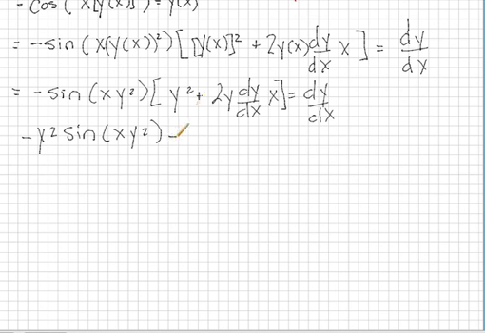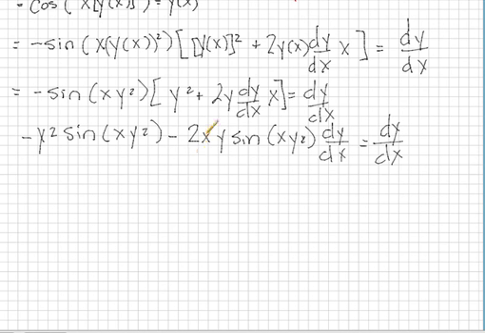The second term will be minus, it looks like we have a 2xy here, so let's go ahead and put that up front. Minus 2xy times sine of xy squared times dy dx, and the right-hand side will stay the same.